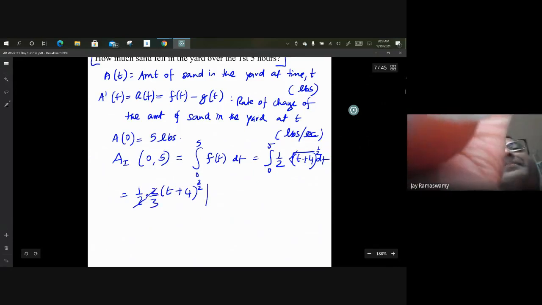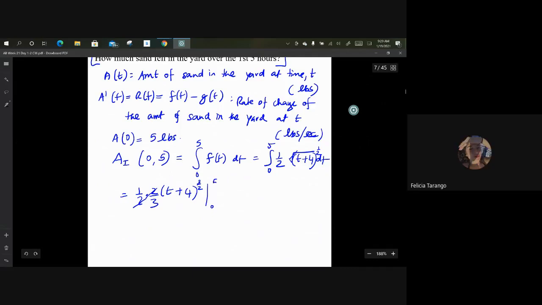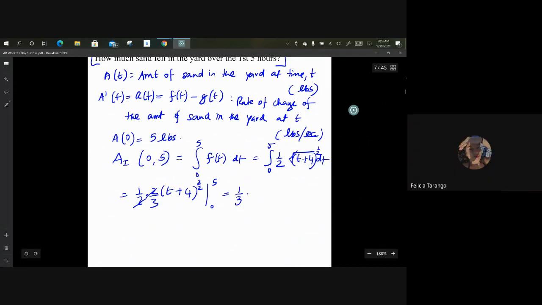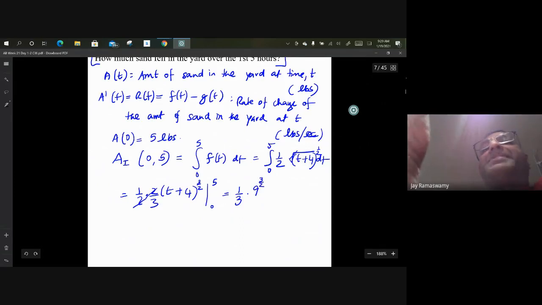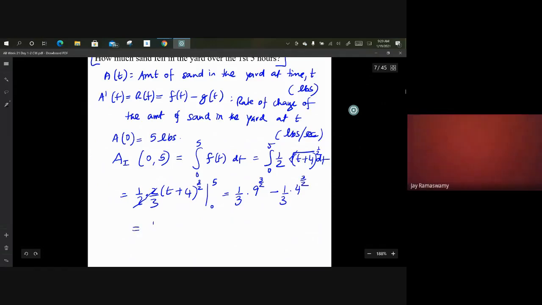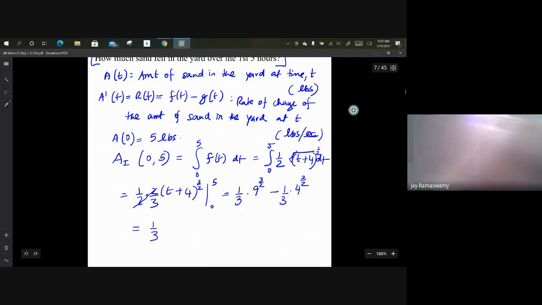Lower limit 0, upper limit 5. Okay, let's plug it in. I'm walking you through it. 5 plus 4 is 9, 9 to the power of 3/2, minus 0 plus 4, 4 to the power of 3/2. Let's simplify. From the first week of school, what's the square root of 9? 3.